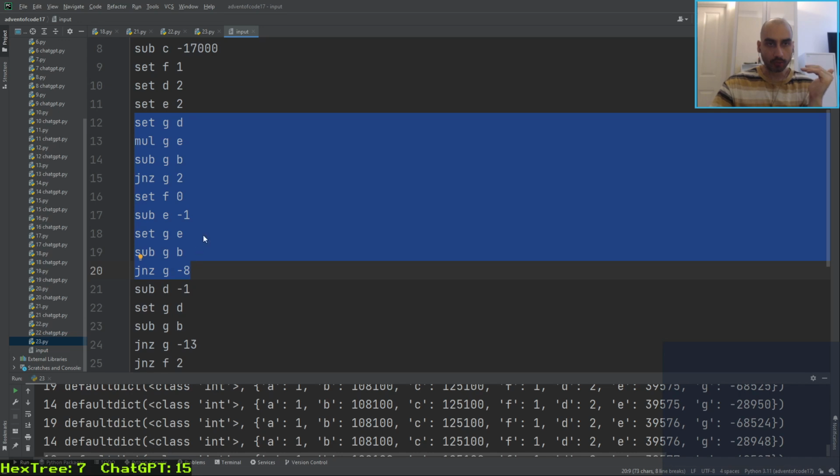What does this whole block translate to? This block. It's saying if B equals DE, then set F to 0. Okay, that's what all those lines at the start are doing.